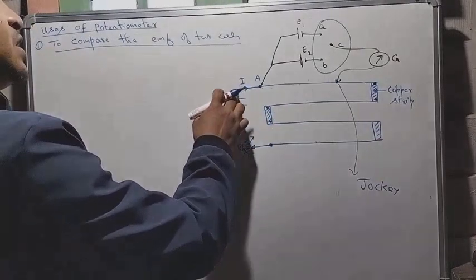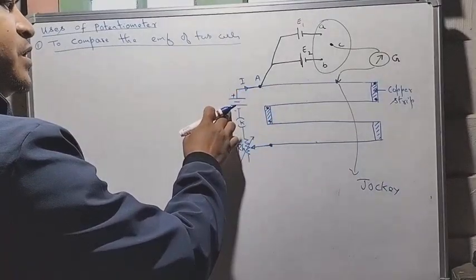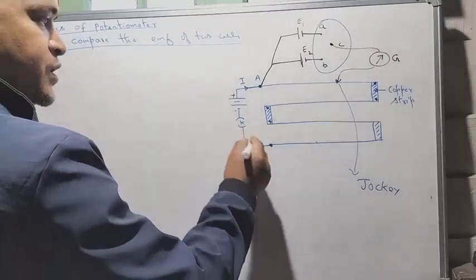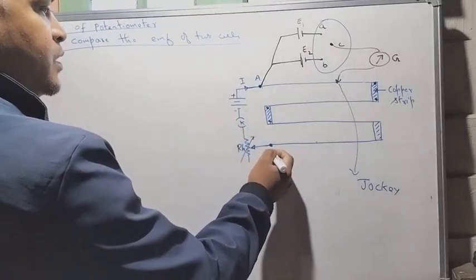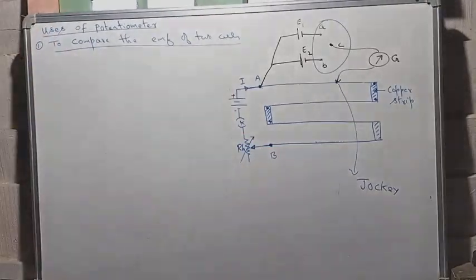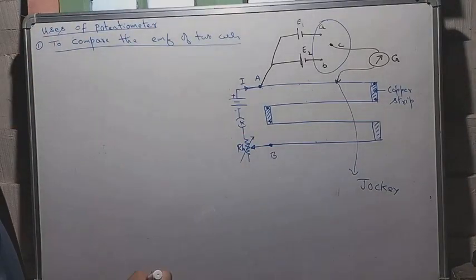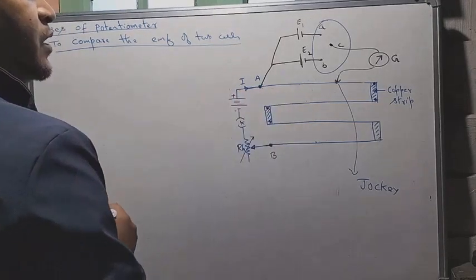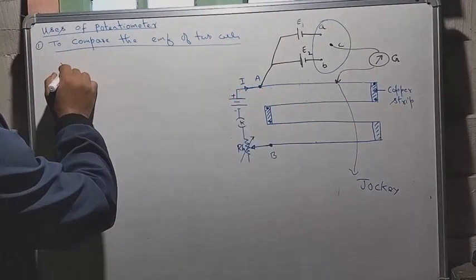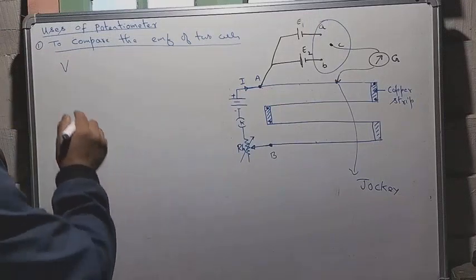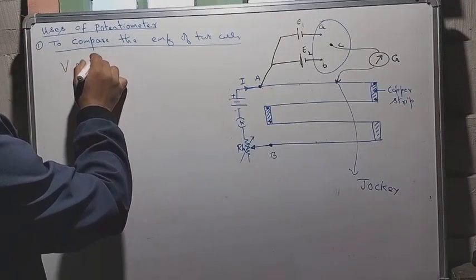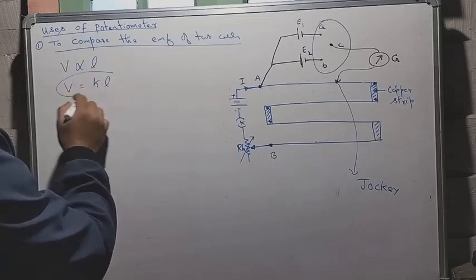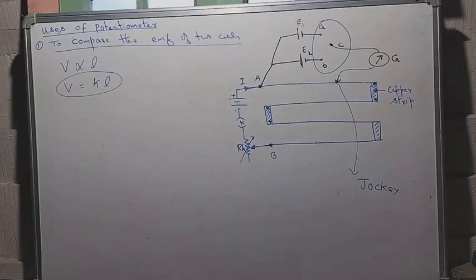And this constant current I is produced by the battery when the key K is on. We have seen that when a constant current is passing through the wire, the potential drop across any length of the wire is directly proportional to L, or V equals KL. So please note this point.